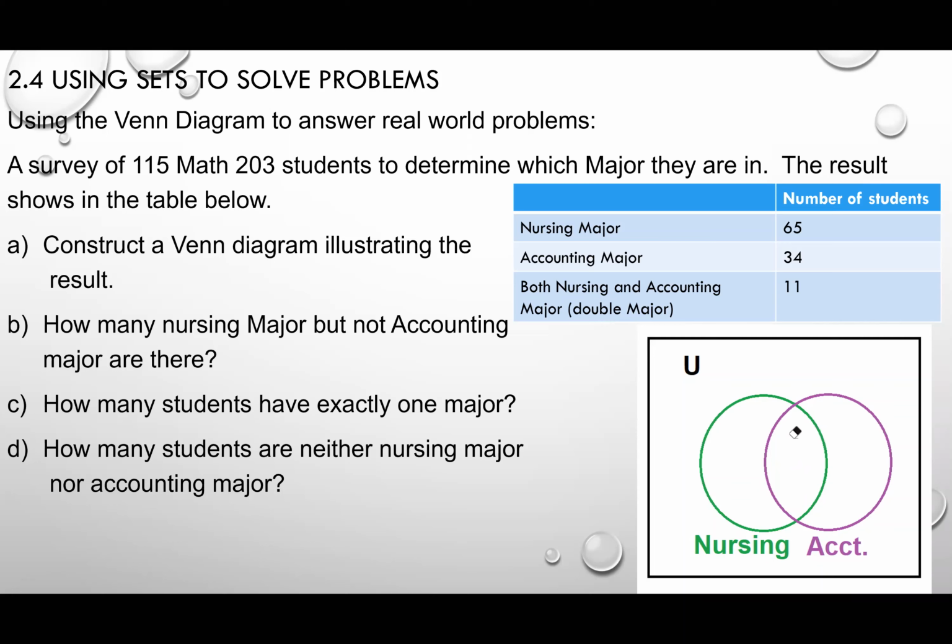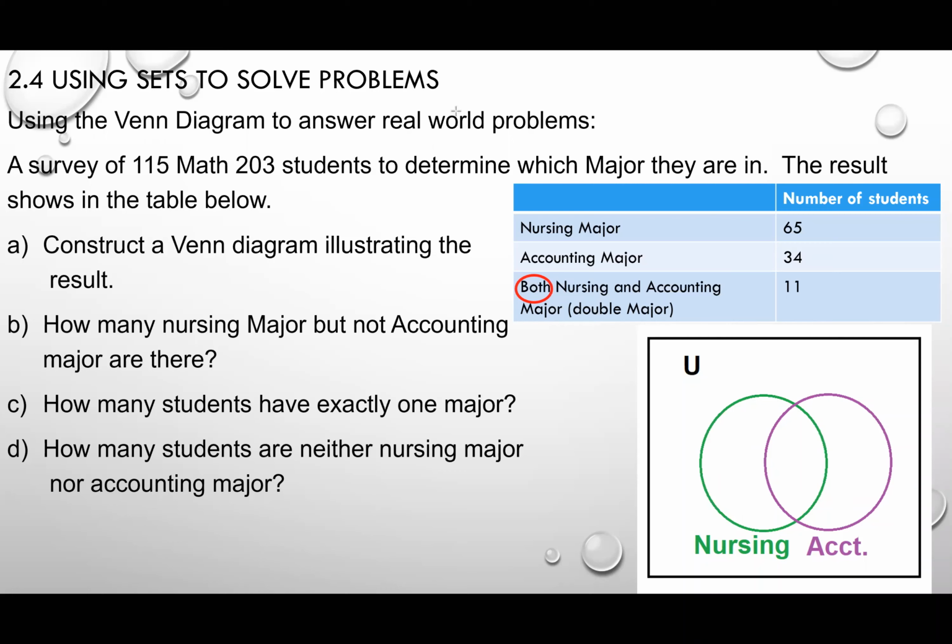Wherever they overlap, this tells you that the people in this region are taking a nursing major and also the accounting major. So how many people are taking both nursing and accounting? Looks like 50. Well, for accounting it's 34 and nursing 65.